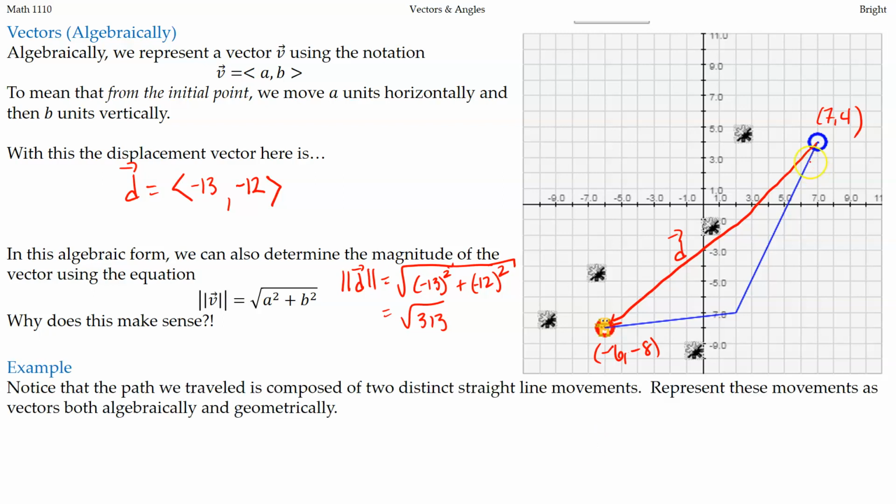Now, the path that we were doing before, we said it was composed of two vectors. I think previously we called them vector W and vector U. We go from here to here, so right there, that's W, and then from here over to our ending point is vector U. Geometrically I'm going to remove that because we did that on the previous slide, but algebraically, what is W?